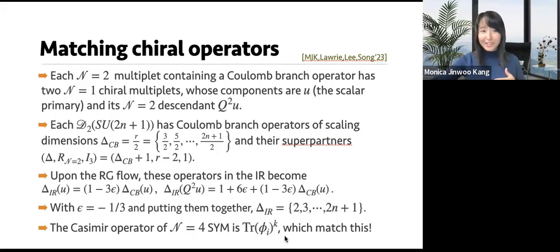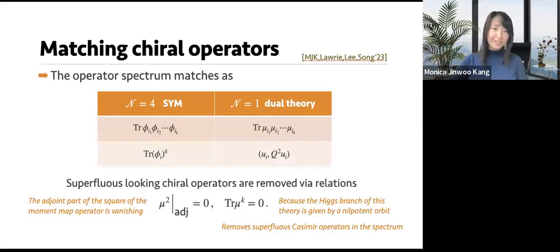So now we can understand that the Coulomb branch spectrum of this IR theory will match explicitly with the Casimir operators, which correspond to the Coulomb branch operators in the N=4 super-Yang-Mills. Summarizing, we have the operator spectrum matching as this to this, and that to that. Perfect.